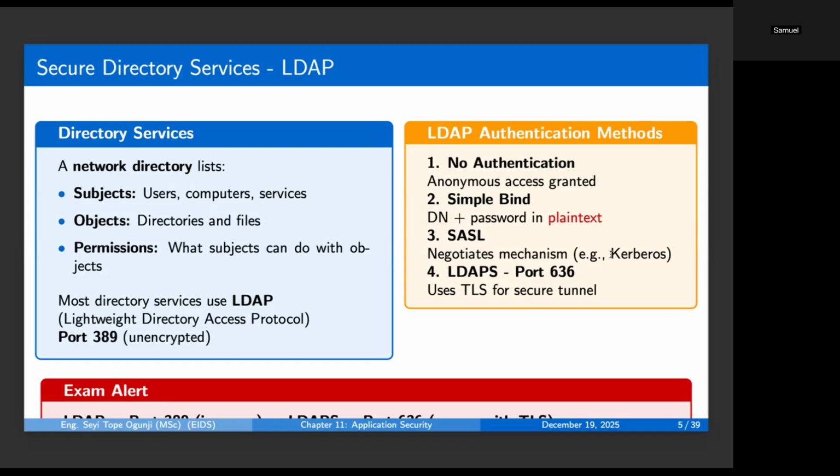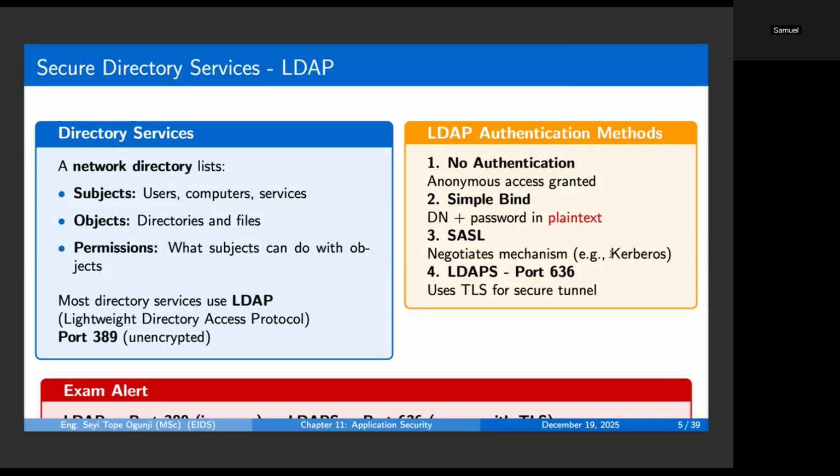Now, what do we mean by LDAP? As stated, it means Lightweight Directory Access Protocol. But what does it mean? Simply, it means the language computers use to ask the directory questions. Like, for instance, in terms of email, what's this person's email? So that's the language that the computer will use to ask the directory service.